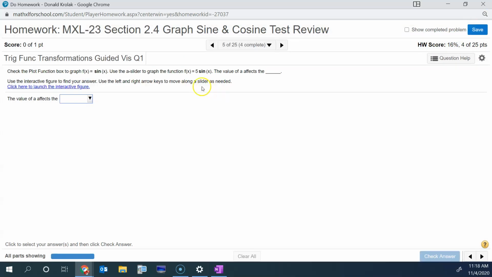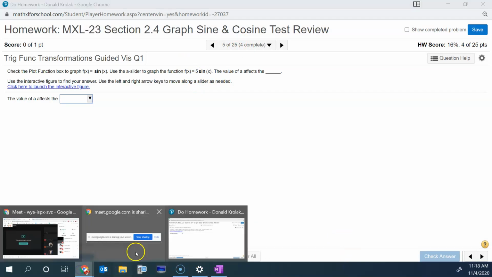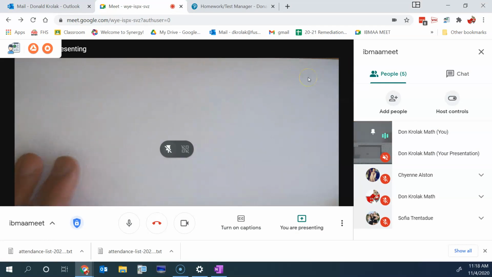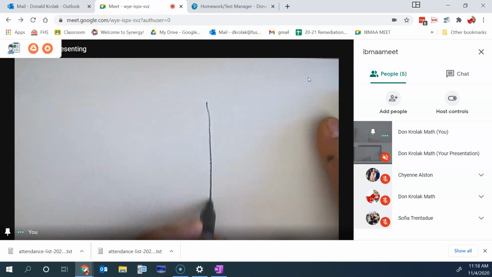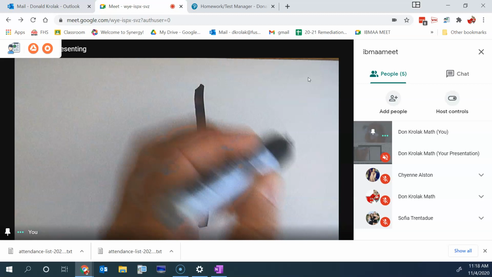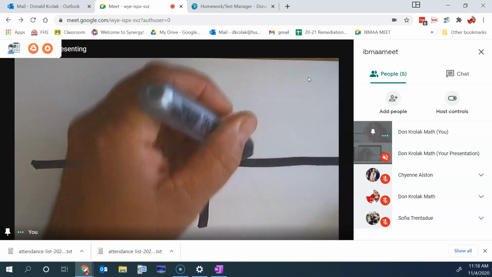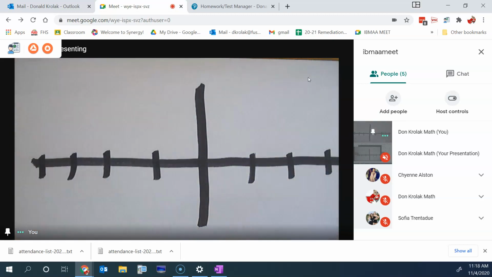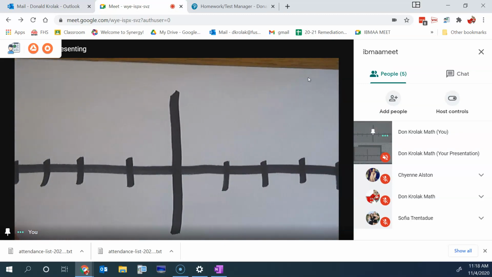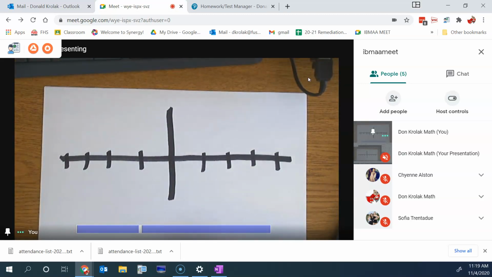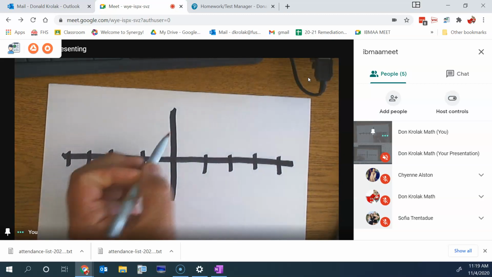Okay, so if I did it as cosine, here's a cosine graph. Okay, and here's what cosine looks like.